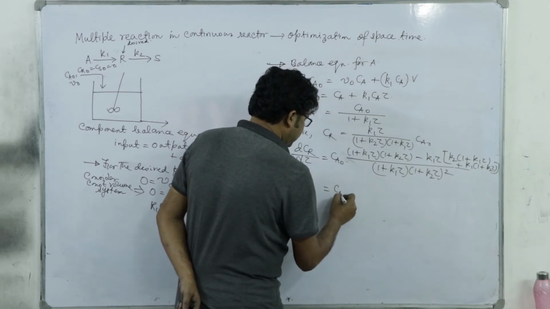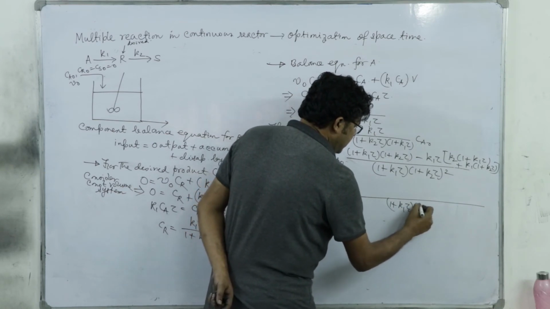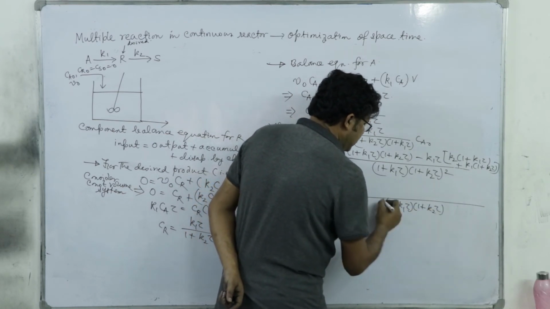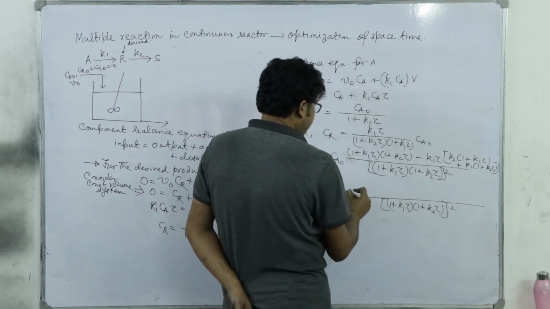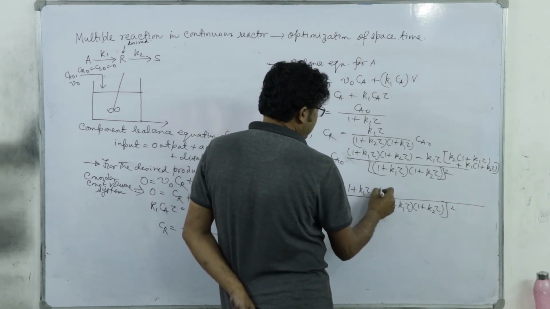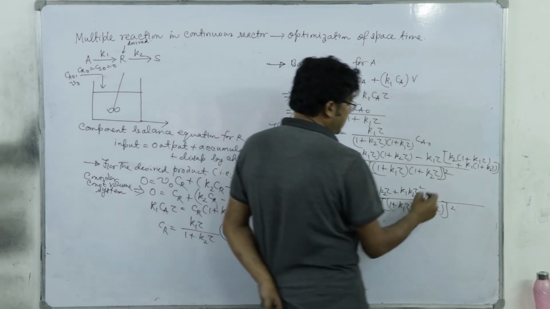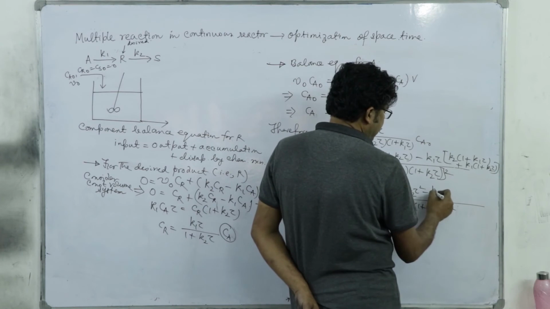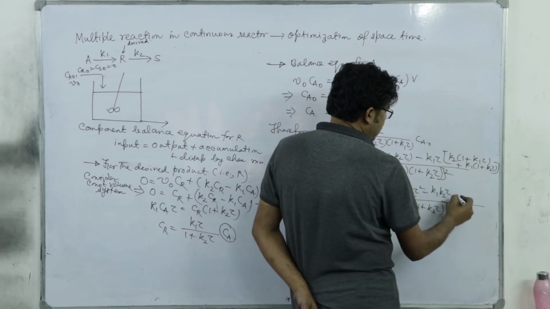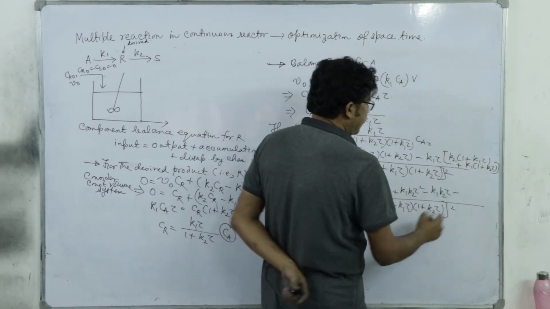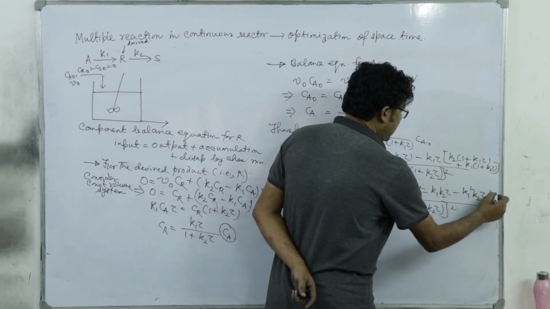So expanding, it is 1 plus K1 tau plus K2 tau plus K1 K2 tau square, minus K1 K2 tau, minus K1 square K2 tau square.